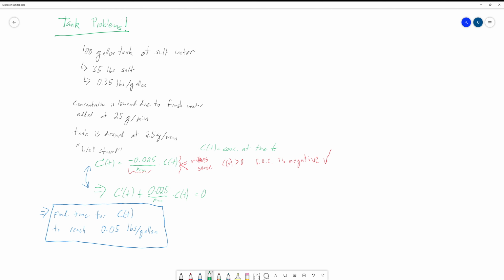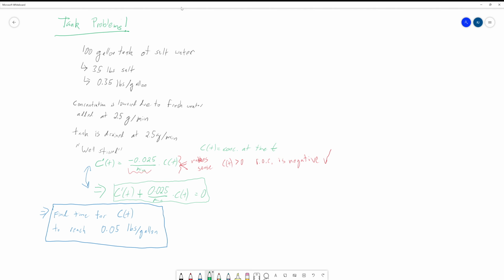Because otherwise, you would just be saying C prime of t plus C prime of t equals 0, which is not true unless C prime of t equals 0, which would make this problem pointless. So I think that there was a typo, and that this is actually supposed to be the differential equation, which follows just by moving this term to this side. Okay.